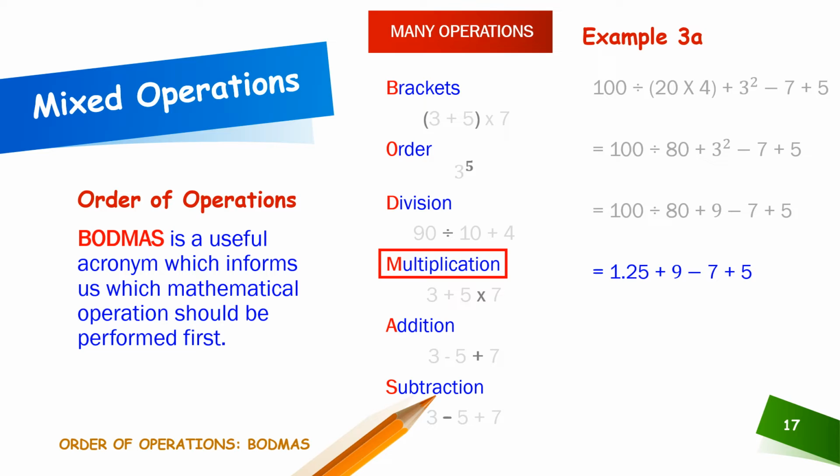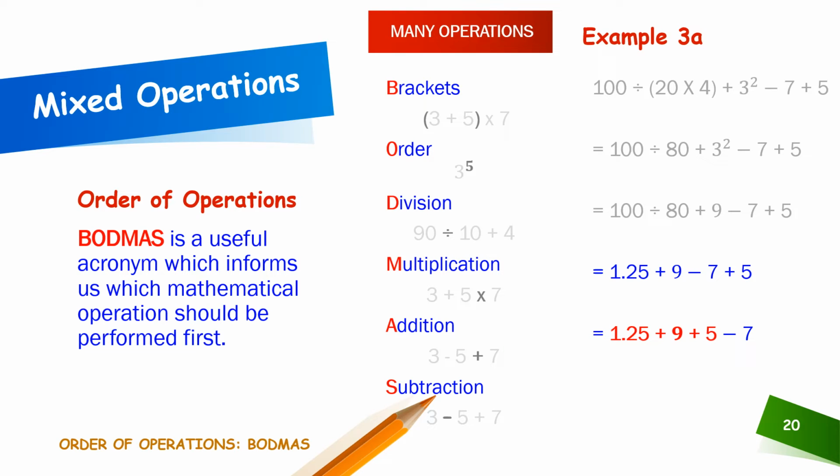Now let's see if there are any multiplications. There are no multiplications, so we move on to the next operation, namely addition. The additions are highlighted as shown. We rearrange so that all the additions are at the beginning and the subtractions are at the end.